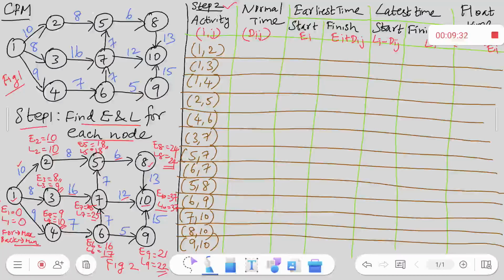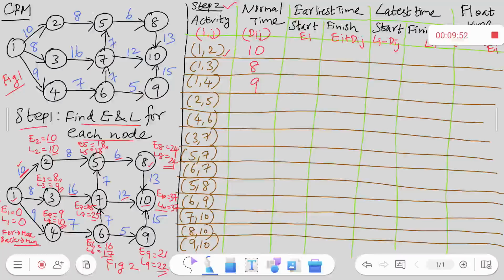So, first I take the first activity, which is from 1 to 2. As you see, from 1 to 2, the normal time is 10 time units. So I list it out here. Similarly, from 1 to 3, it is 8. From 1 to 4, it is 9.